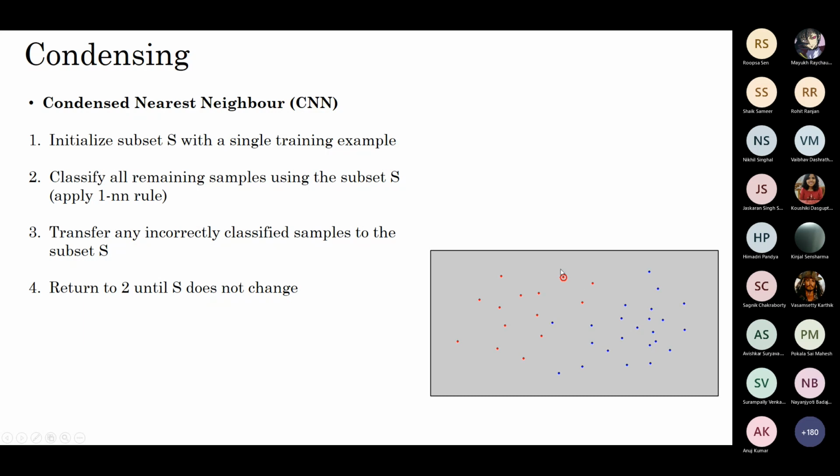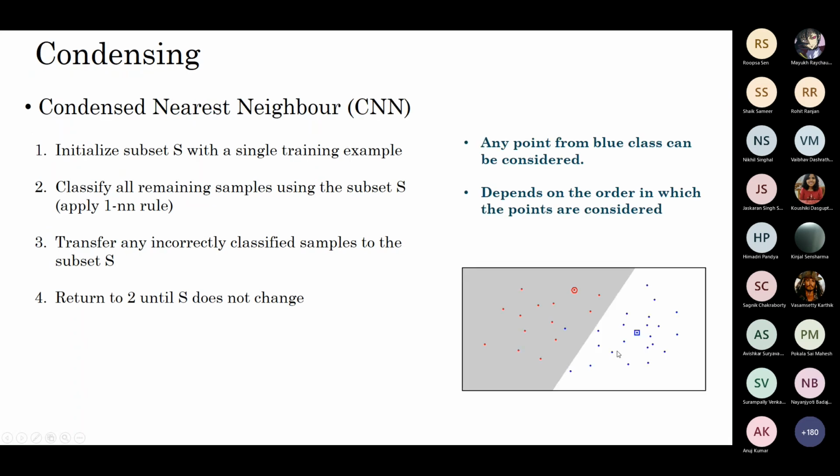All red samples will be classified correctly. That is not a problem. But on the other hand, all green samples will be misclassified, right? So in step 2, you can choose any one point, because I do not know in which order I am choosing these things, and then it is misclassified. So my set S will now contain 2 points, this and this. Clear?